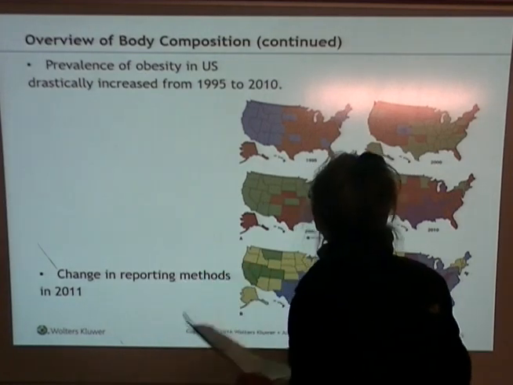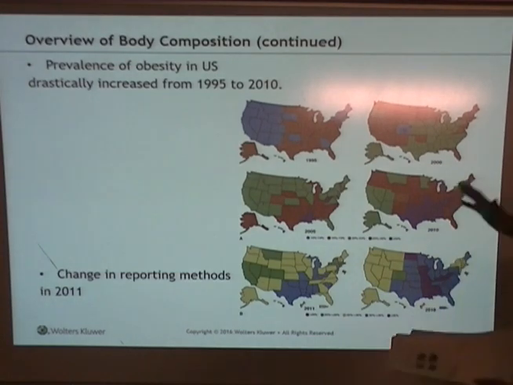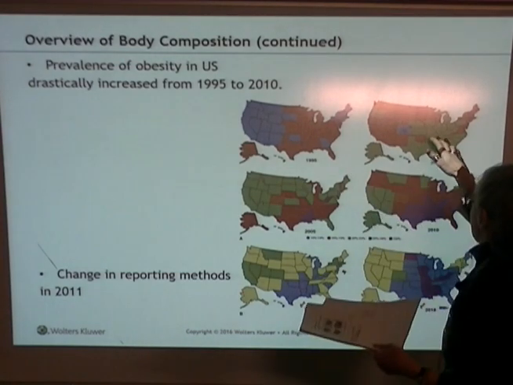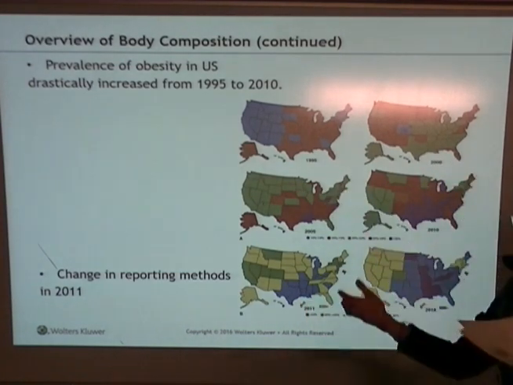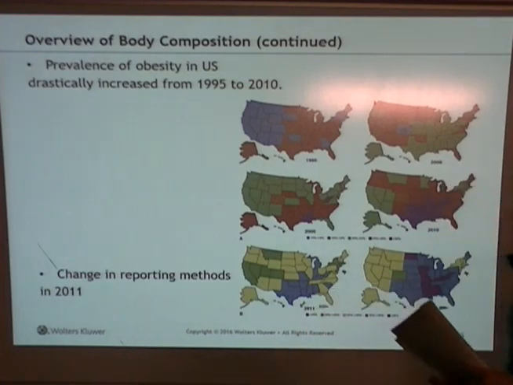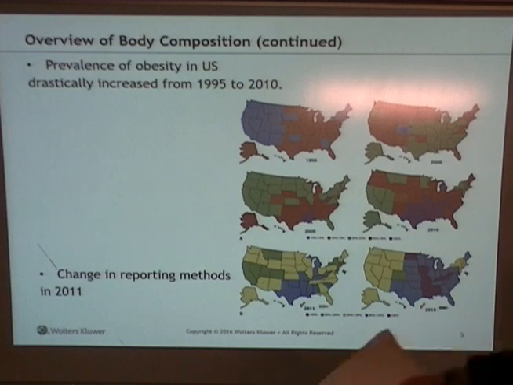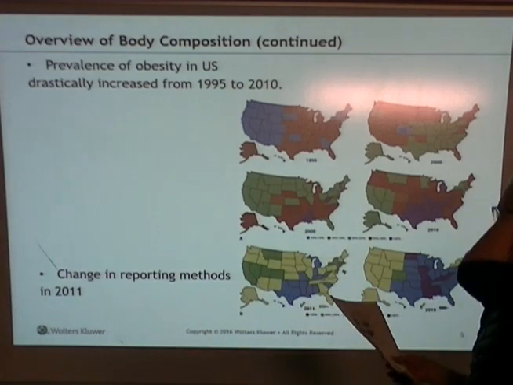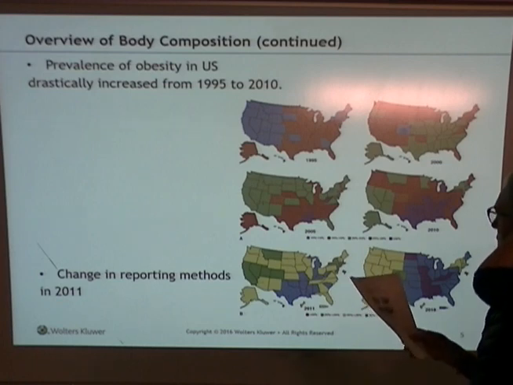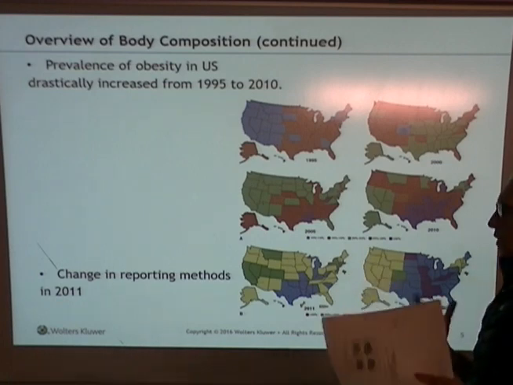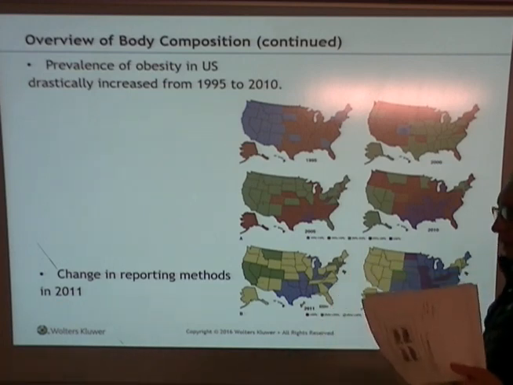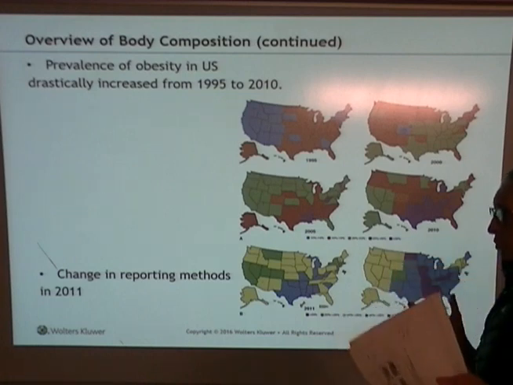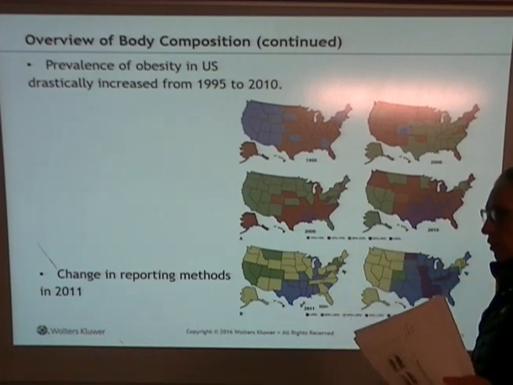So back in 2000, when we had this dramatic change from 1995 data, the CDC and the NIH and other governing bodies said, we've got to do something. And so the government put out a set of guidelines for the states that was called Healthy People 2010.